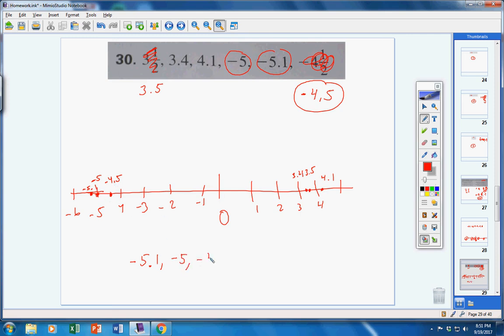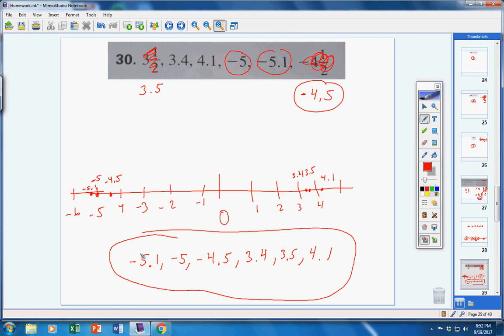Next is negative 4.5. Next is 3.4. Next is 3.5. And next is 4.1. So students, once you get the numbers on the number line, it's really pretty simple, okay?